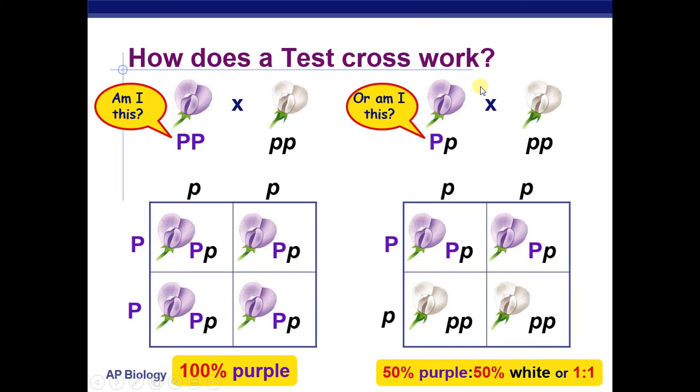If it was heterozygous, we would get 50-50. Half of our offspring would have the dominant phenotype, half would have the recessive. So by looking at the ratios of the phenotypes of the offspring, we can determine what the genotype of that parent was. This is why a test cross for simple Mendelian type genetic experiments is extremely useful.